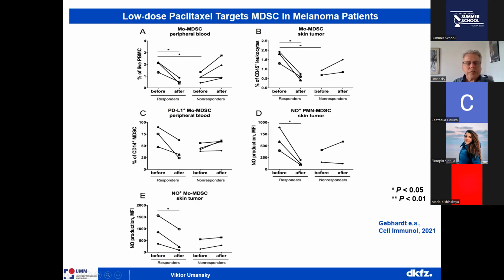And what's characteristic is that in the responders we saw a decrease of monocytic MDSC, both in the circulation and in the tumor metastasis. These MDSC in responders express less PD-L1 and produce less nitric oxide.